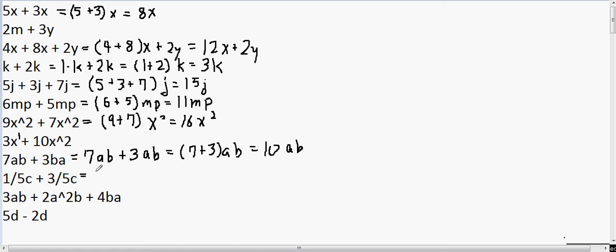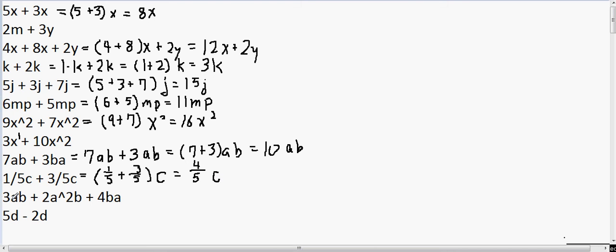So it doesn't matter that we have fractions. We can just go ahead and treat each of the coefficients as we've been doing before. Since we can combine these terms together, we'll add the numerical parts together like this and multiply that by the common variable, which is c. 1/5 plus 3/5 is equal to 4/5. So we get 4/5 multiplied by c.